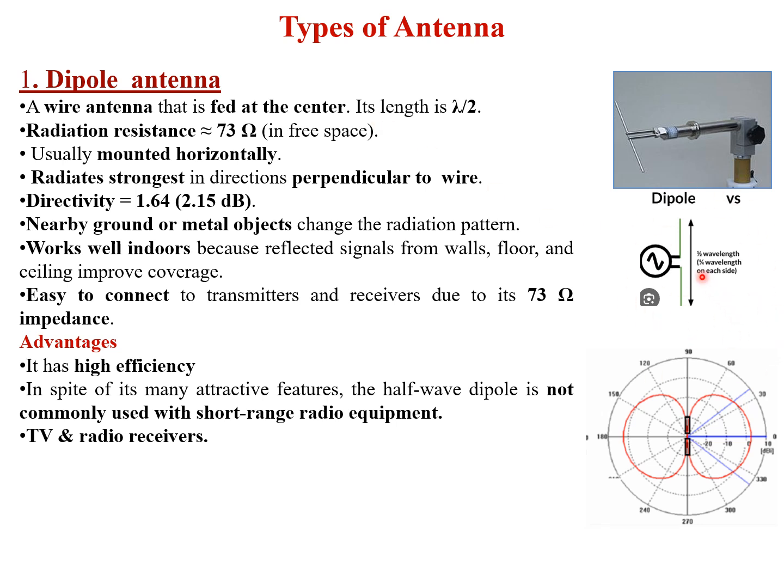Radiation is strongest in the direction perpendicular to the wire and the directivity of a dipole antenna is 1.64 or 2.15 dB. Near the ground or a metal object, the radiation pattern will change. It generally works well indoors because reflected signals from walls, floor and ceiling improve coverage. And it is easy to connect to transmitter and receiver due to the 73 ohm impedance.